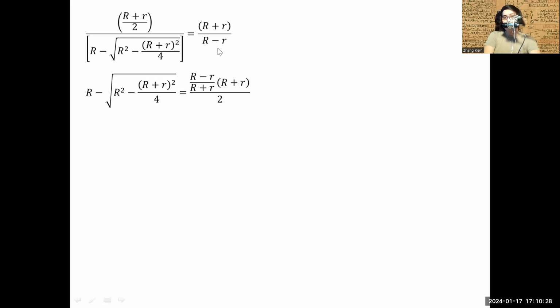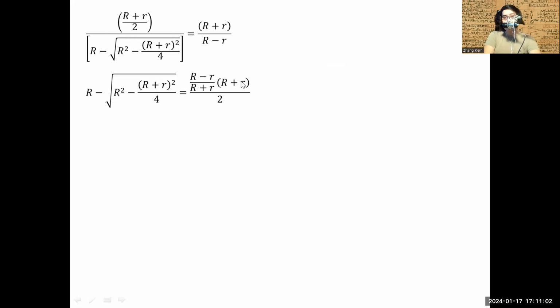And I get capital letter R minus small letter r over capital letter R plus small letter r, multiplied by capital letter R plus small letter r over 2. So that's what I got now on the right hand side, simply by doing a reciprocal on the right and the left, and bringing capital letter R plus small letter r over 2 to the right hand side. I hope you can see what's going on. And the left hand side now is the denominator over here.